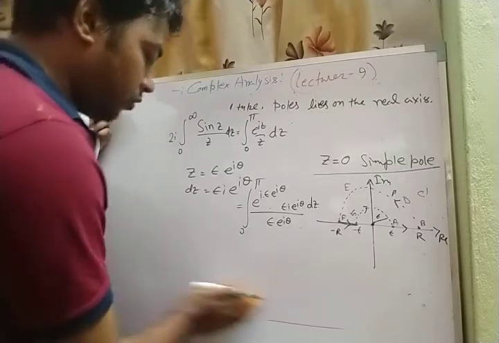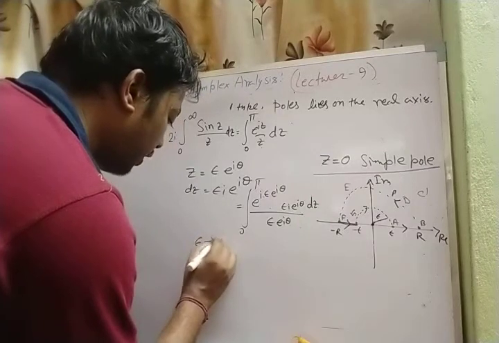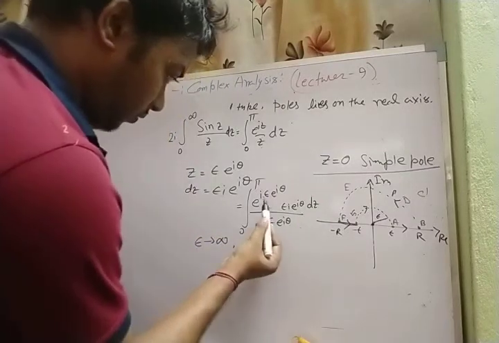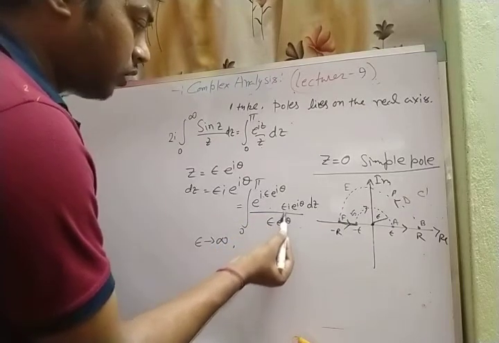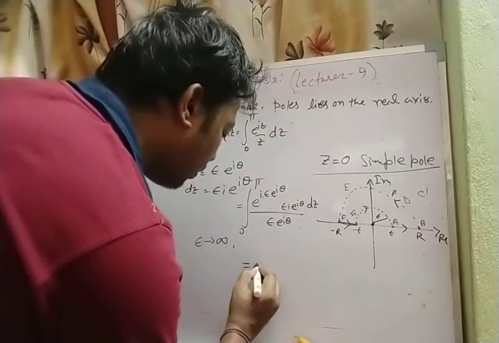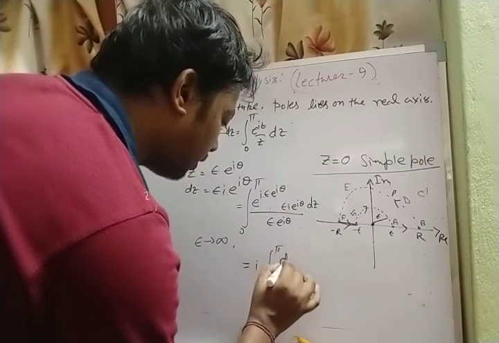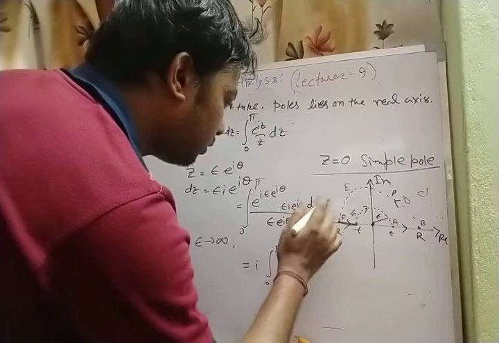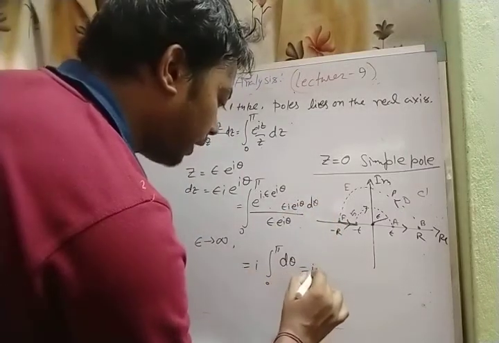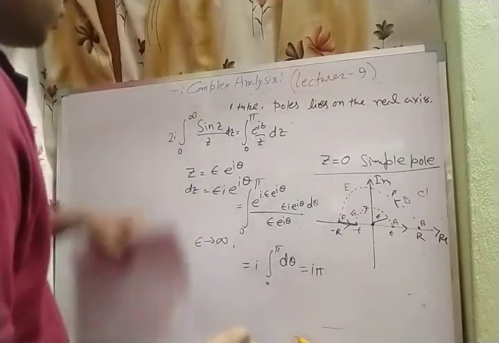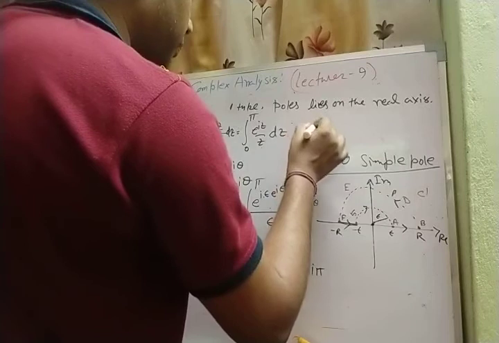Now, as we are considering that epsilon tends to 0, this gives 1 and these cancel out, so i is there only, and the integration from 0 to pi of d theta is pi. So the integration of this gives i pi.